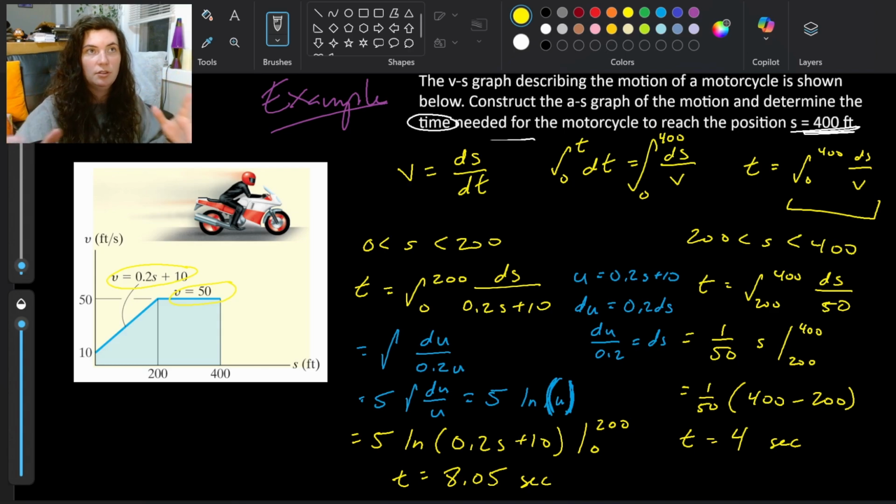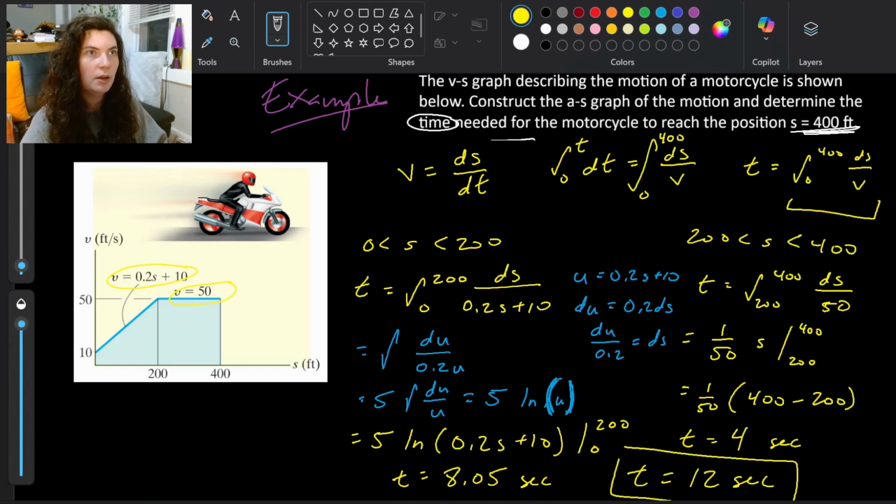Then going the next 200 feet, 200 to 400, only takes 4 seconds. So in total, the total amount of time it takes to reach position 400 feet is just adding them together. So 8 plus 4, about 12 seconds for the motorcycle to reach a position of 400.